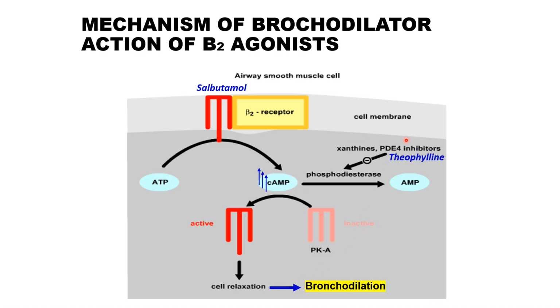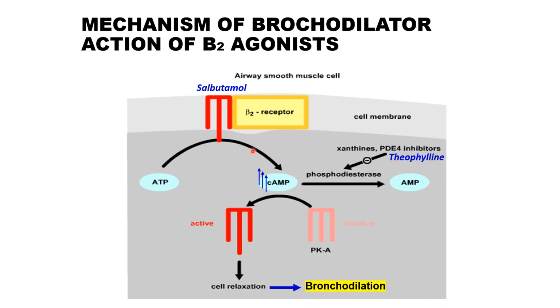the phosphodiesterase enzyme inhibitor, which is the phosphodiesterase is the enzyme that metabolizes cyclic AMP. By inhibition of this metabolizing enzyme, the ultimate effect will be increased cyclic AMP too. So the example is theophylline and aminophylline as examples of phosphodiesterase isoenzyme 4 inhibitors.